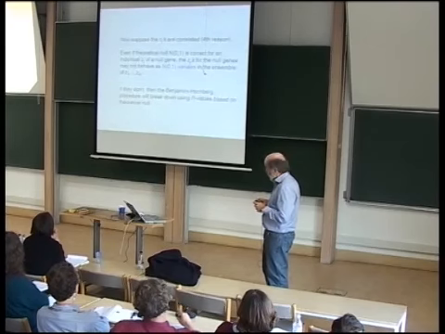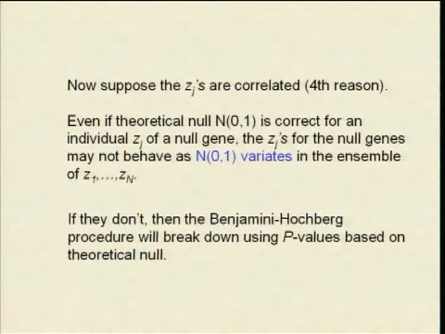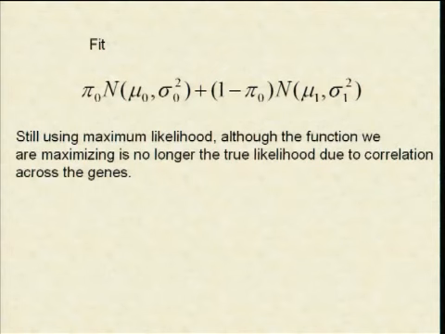So if we're going to use p-values based on the theoretical null, we can get into trouble no matter what procedure we use. So we still go ahead and fit our normal mixture model, although basically now it's not the true likelihood due to the correlations.